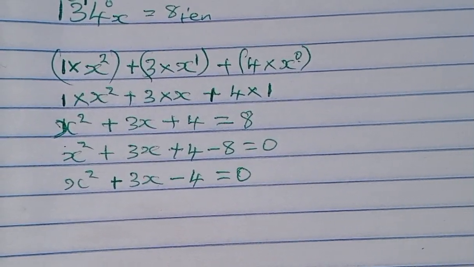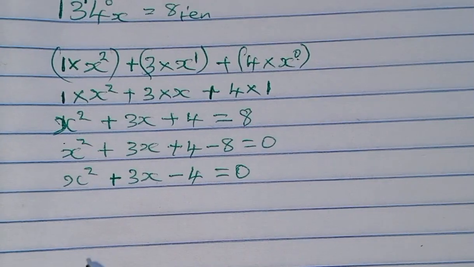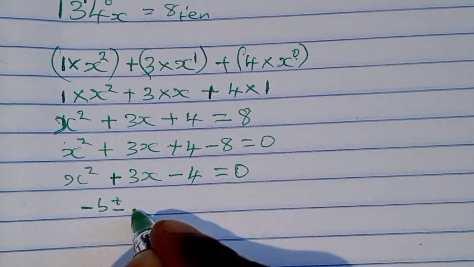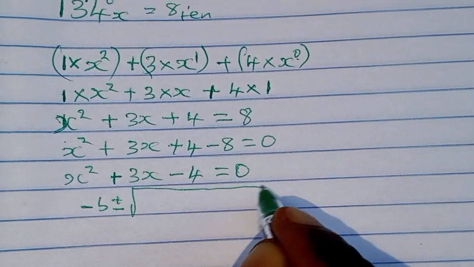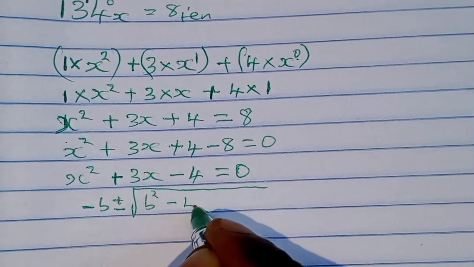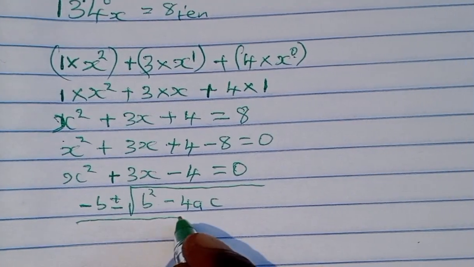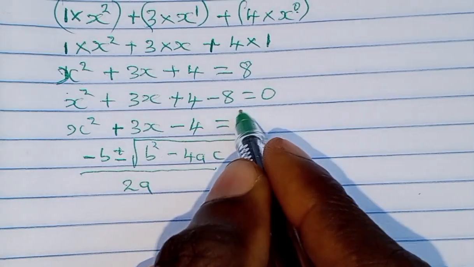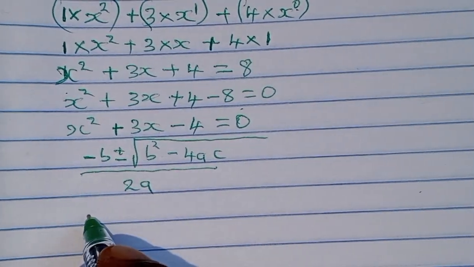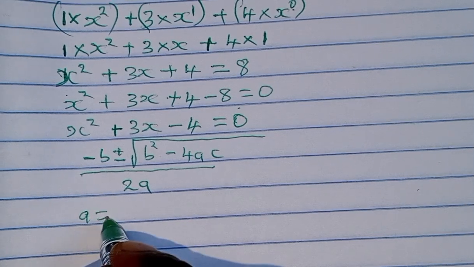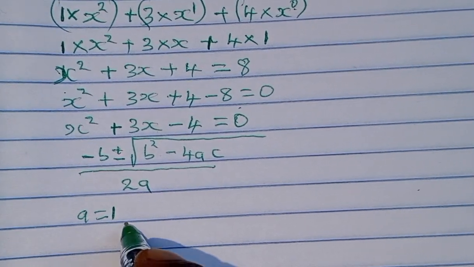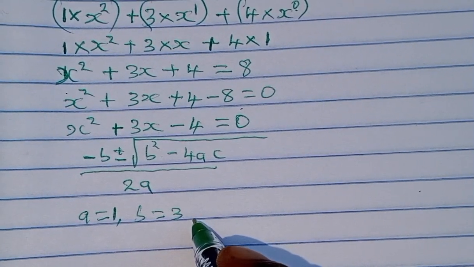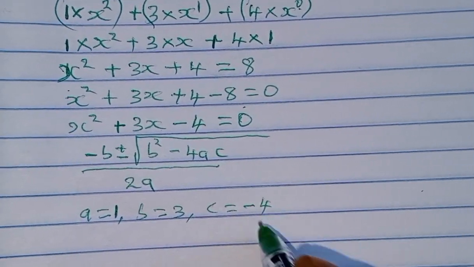So there is a general formula to solve a quadratic equation, which is x equals minus b positive negative square root of b squared minus 4ac all over 2a, where from here our a is equals to 1, our b is equals to 3, and our c is equals to minus 4.